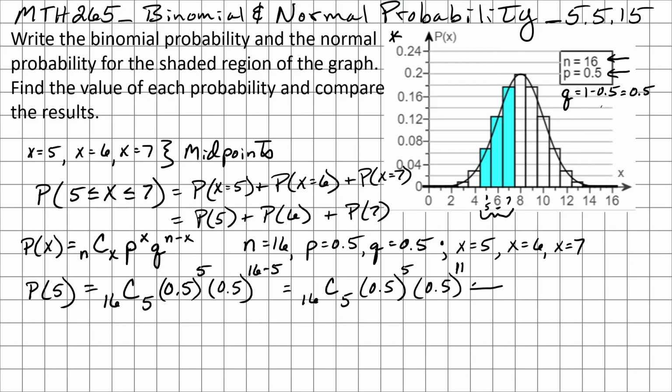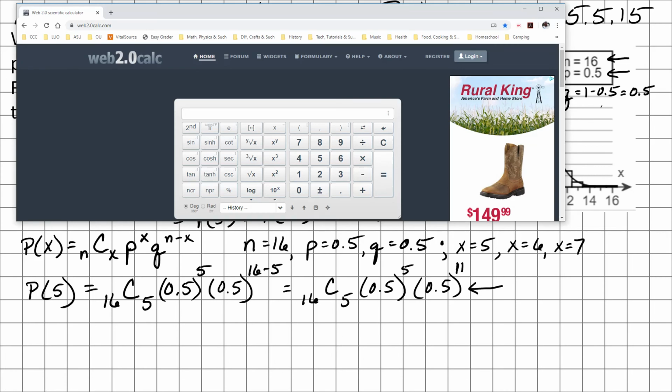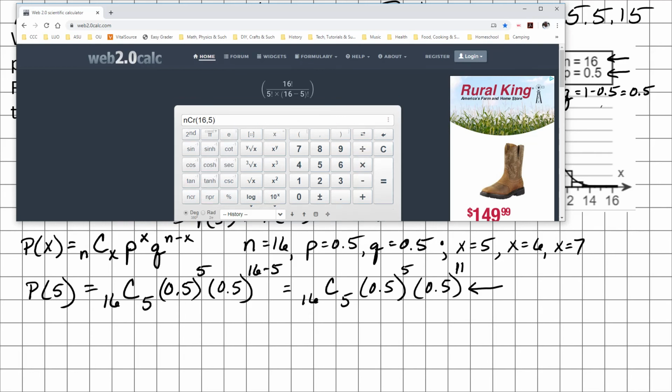Okay, so let's go ahead and enter in our expression. Now remember, this is 16C5, so I'm going to use the combination key, which is this one right here, and I'm going to type it in as 16, 5, close parentheses. That's my combination, and you can see up here where I've highlighted it that's exactly what the combination formula is.